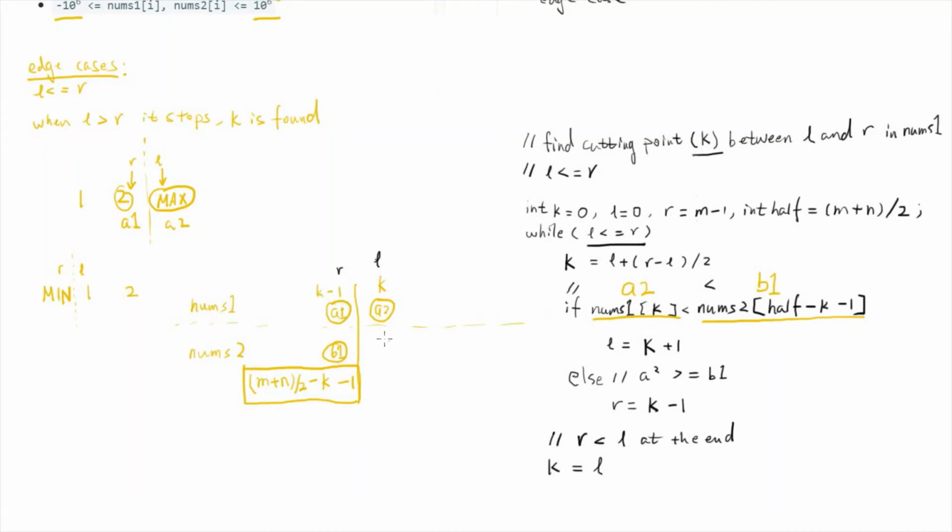And the index for B2 will be half minus K. And I will rewrite this formula to half minus K minus 1. Half minus K minus 1 gives you B1.